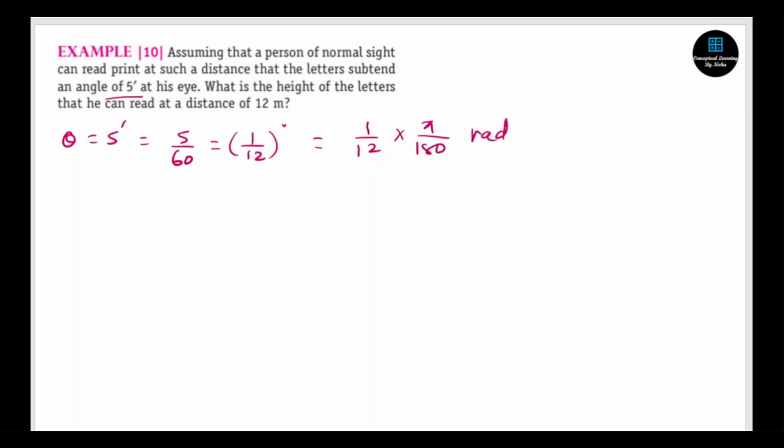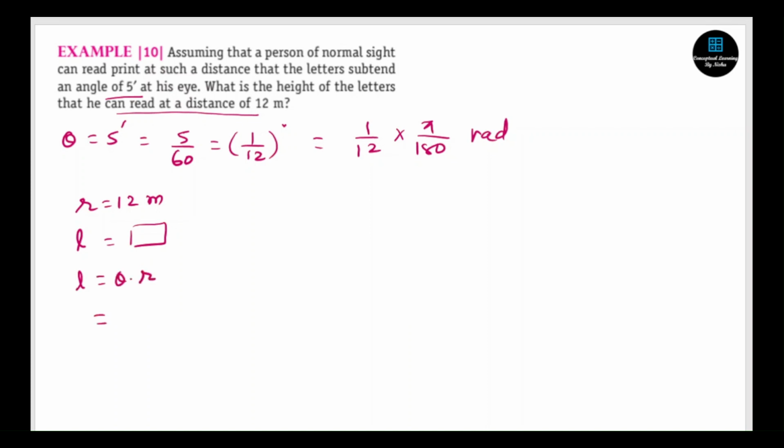Now this distance is given, which is nothing but the radius. So r is equal to 12 meter. And you have to find the height of the letter, so L. Now L is equal to theta into r.